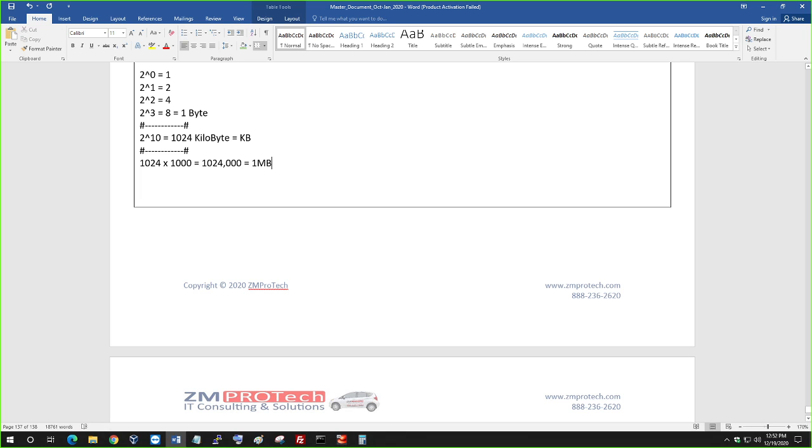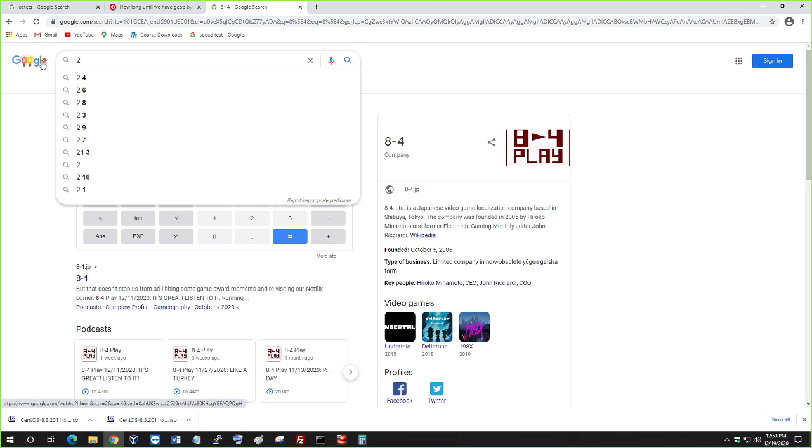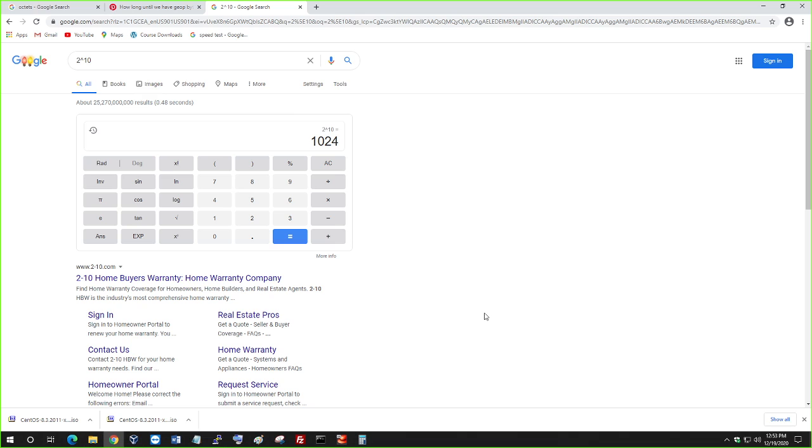Okay, 1000 of 1 KB is... no, this is 1024. Guys, give me 1 second here. 2 to the power of 10. 2 to the power of 10 is 1024.